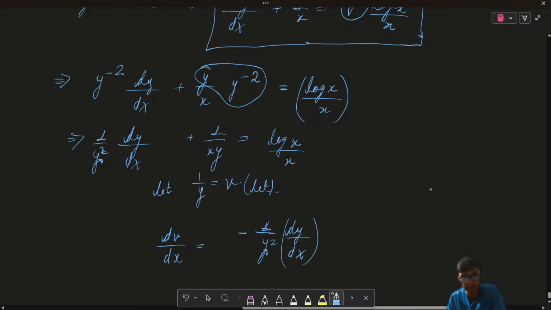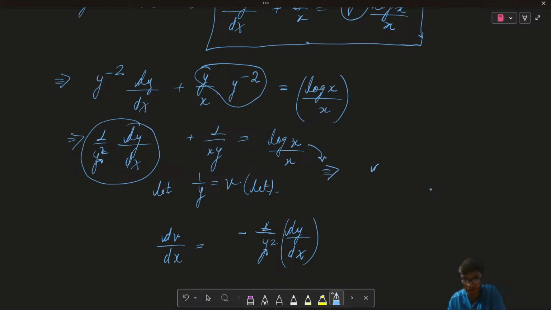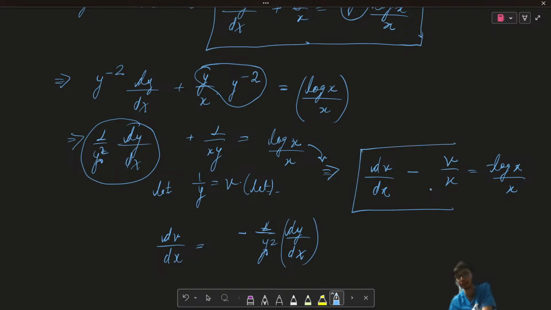So this can be replaced over here, and finally we will have the following differential equation: dv/dx with a minus sign, and that minus can be accumulated over here, and a minus over here, right? So this is the standard linear differential equation, right?